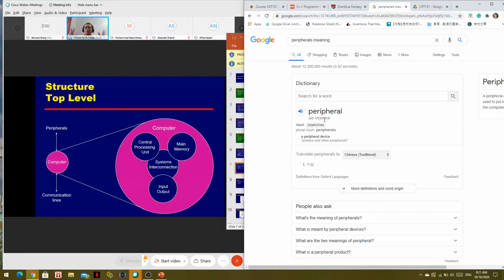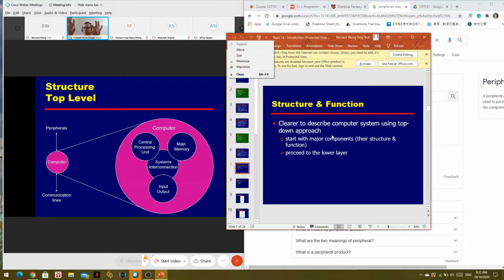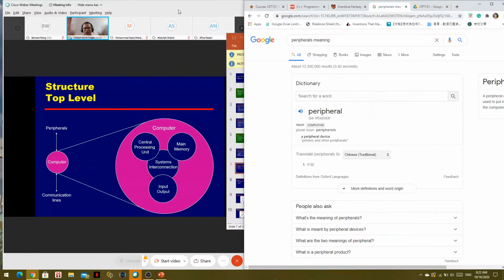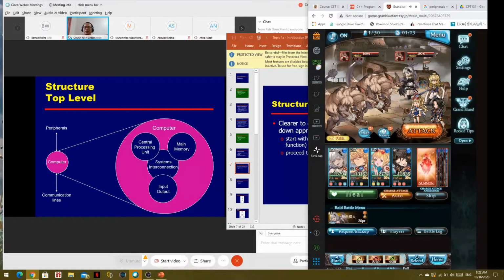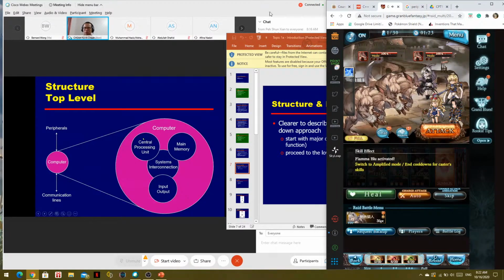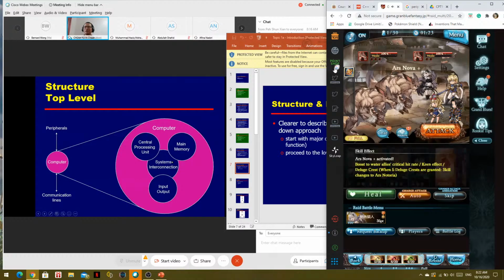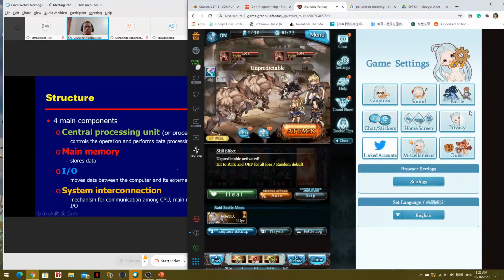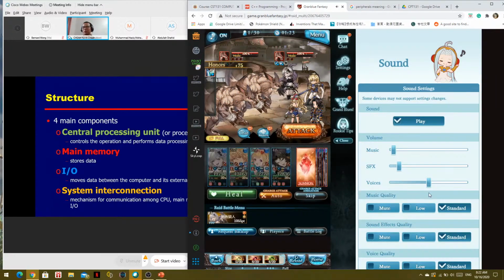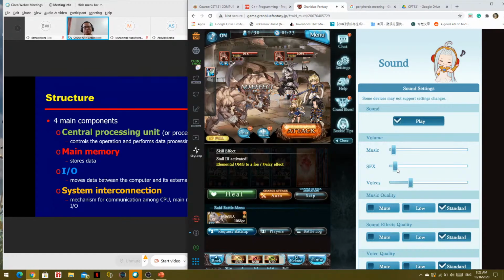But you can imagine you open the cover, you will see the motherboard, but they are basically organized into four main important sections. So you have the CPU, which is the central processing unit, the main memory, the input output, and the system interconnection. Very much the four items that we see on the screen now.